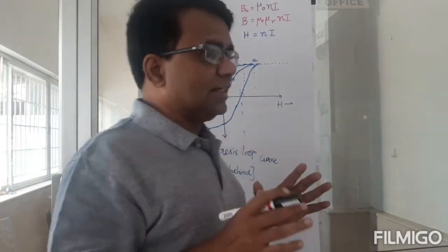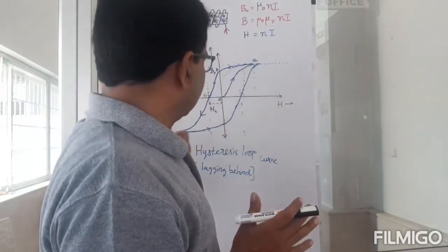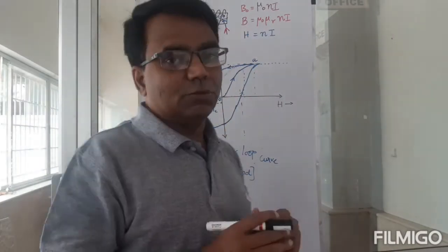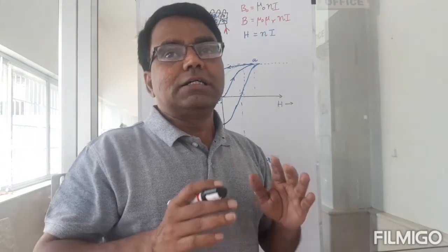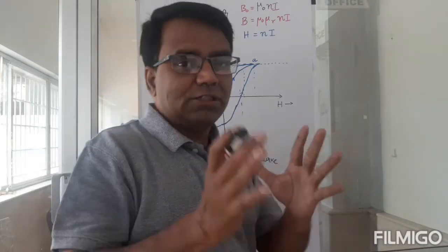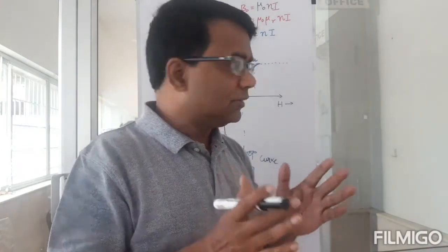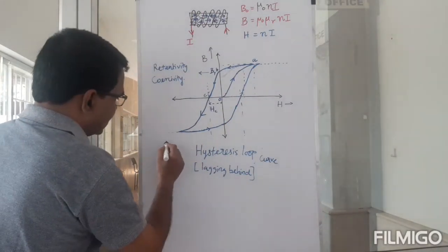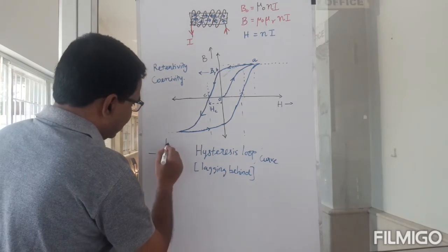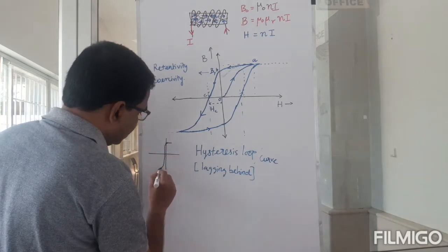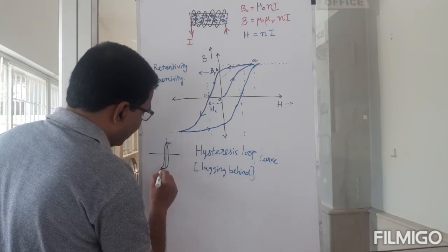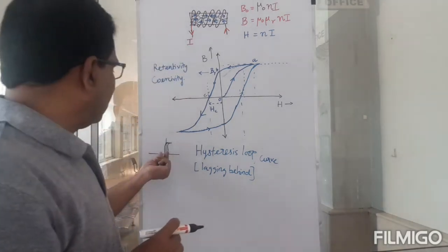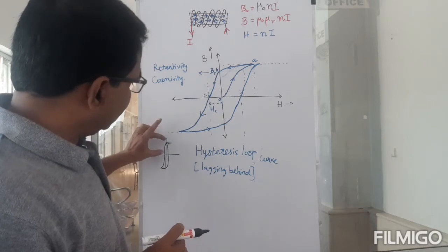Second, as I said, different materials will have different hysteresis loops. The general shape will be the same, but the values of B and H will be different. Suppose some materials will have a curve like this, with a strong retention, so a very thin curve and then a very tall curve.